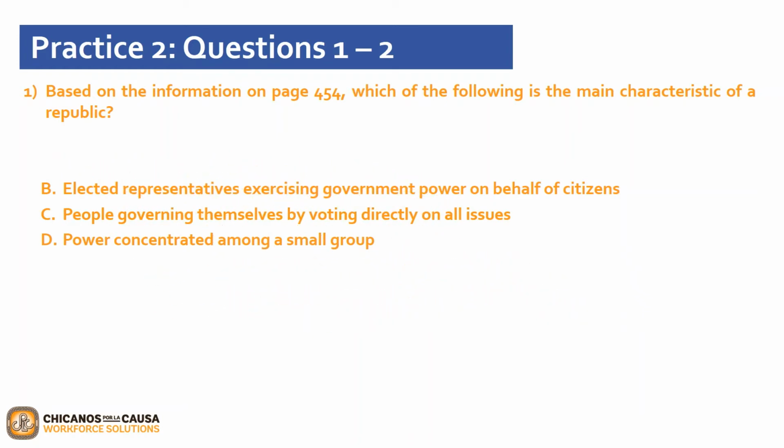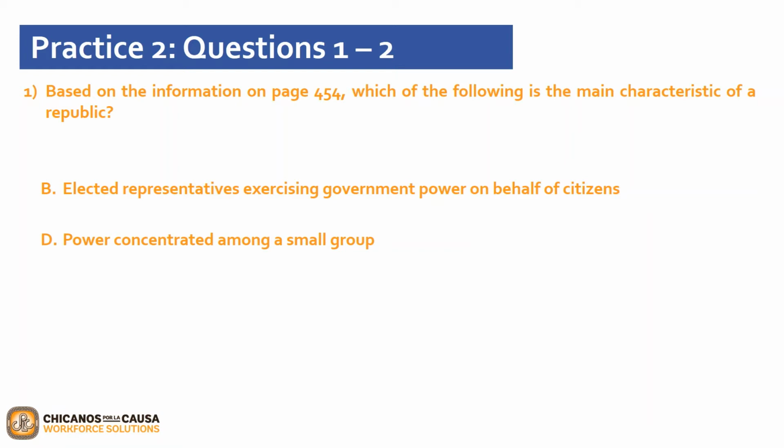B, elected representatives exercising government power on behalf of citizens. This sounds promising. Let's keep it up here. C, people governing themselves by voting directly on all issues. This sounds like a characteristic of direct democracy, so this answer can go.